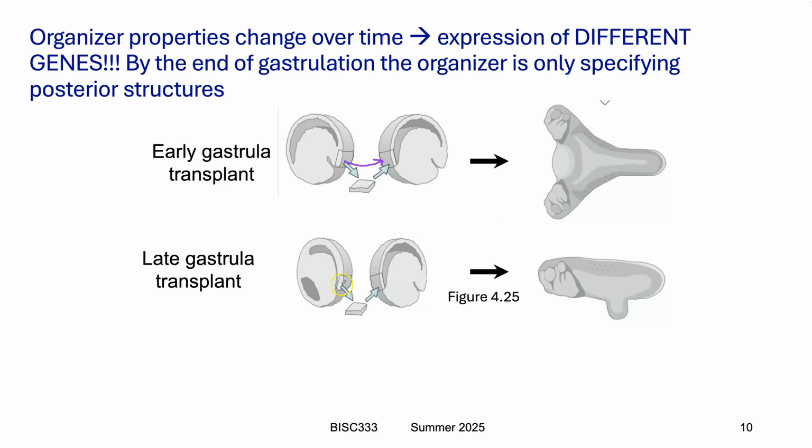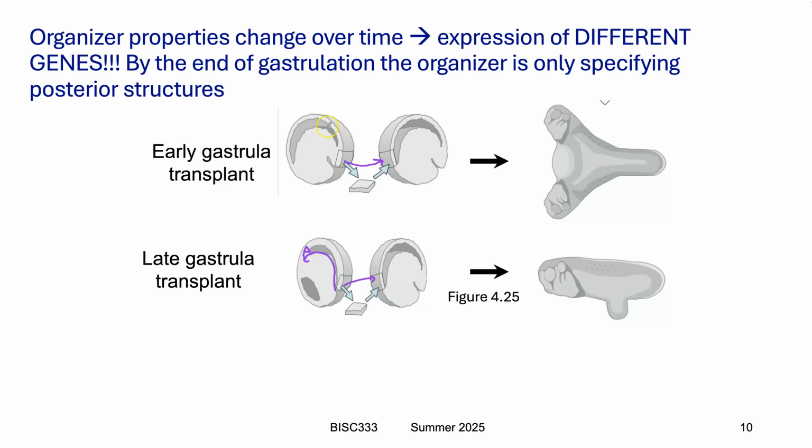If you do the same experiment towards the end, so here the archenteron is formed, and it's almost as far as it's going to get, and you take that dorsal lip and you transplant it onto another early embryo, the cells that go through here first are receiving anterior specific information, and they wind up here in gastrulation.